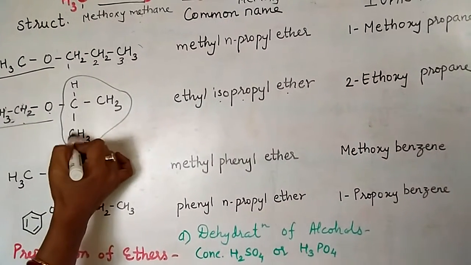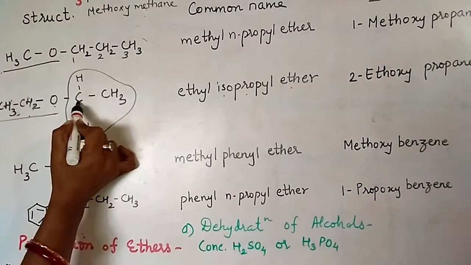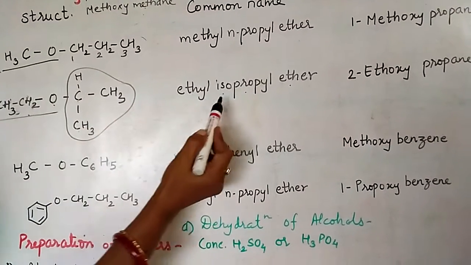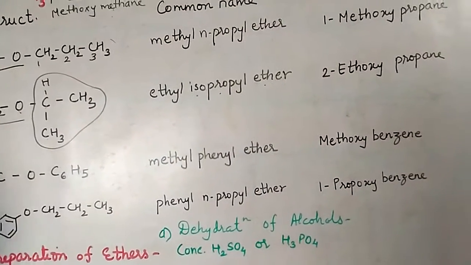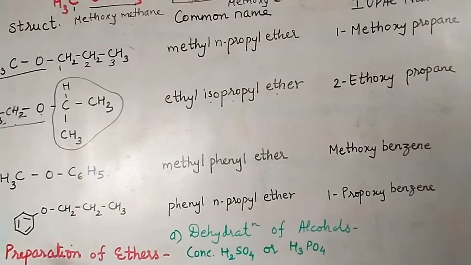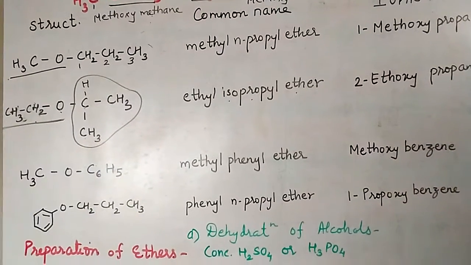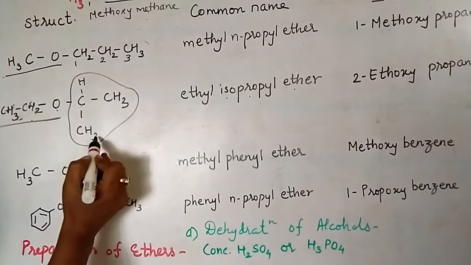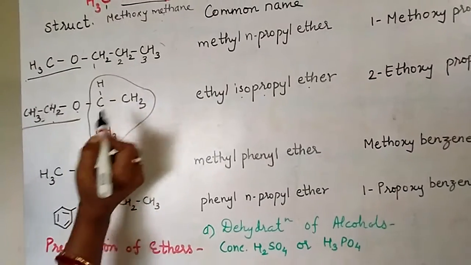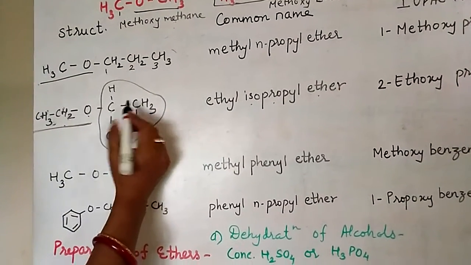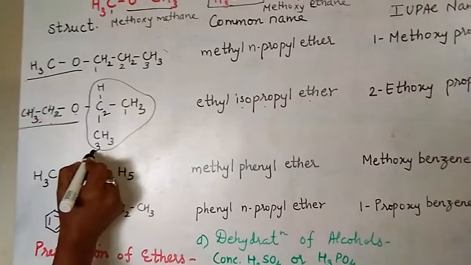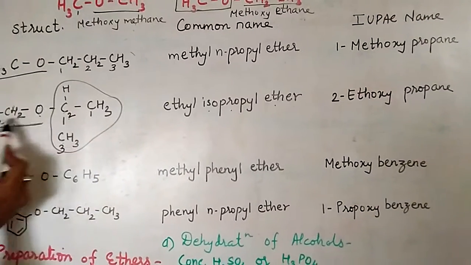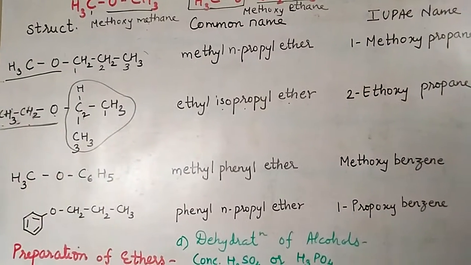It's iso, it is branched. There is branching at the second carbon of the chain. This becomes isopropyl ether. Now to give its IUPAC name, you will call this as ethoxy. This is the ethoxy group along with propane. Now number the parent chain. This is carbon number 1, carbon number 2, carbon number 3. So this becomes 2-ethoxypropane.